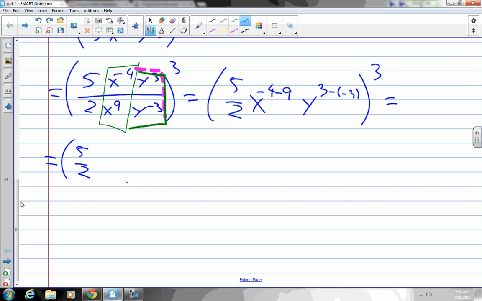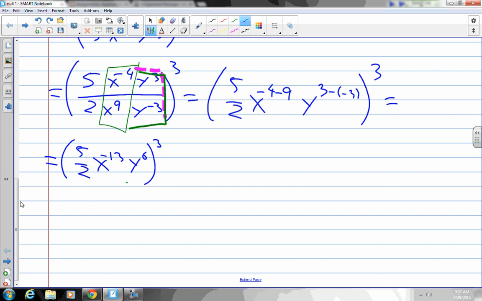Negative 4 minus 9 is x to the power negative 13. 3 minus negative 3 gives me positive 6. Right, just performing those operations. Is that okay? Okay. Again, I could have done this first and then dealt with the negative, but, you know.